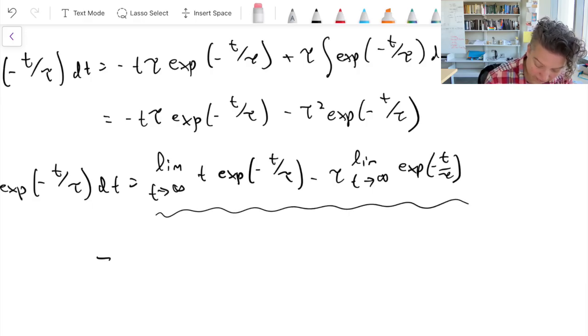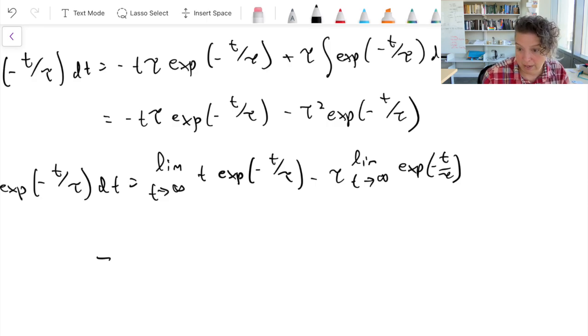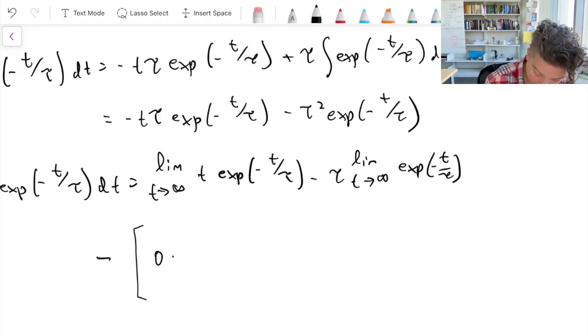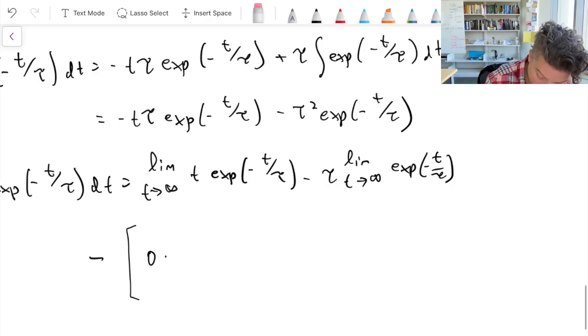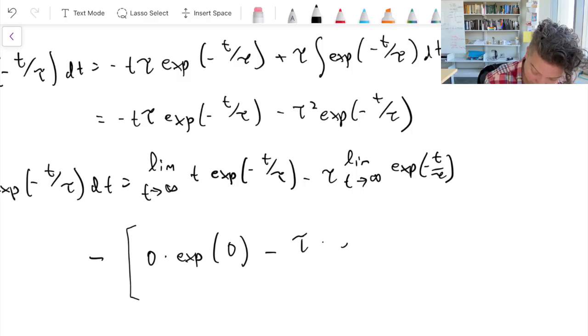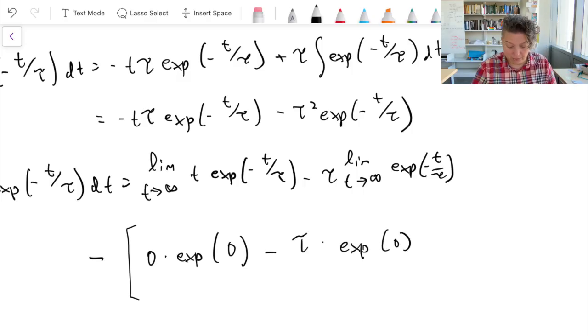I'm going to subtract from that the evaluating at 0 piece, which is going to give me 0, t equals 0, times the exponential of 0 minus tau times the exponential of 0. So in doing that, I'm evaluating at t equals 0.